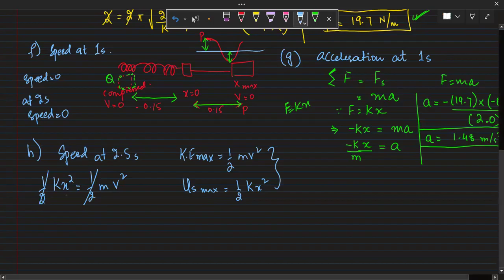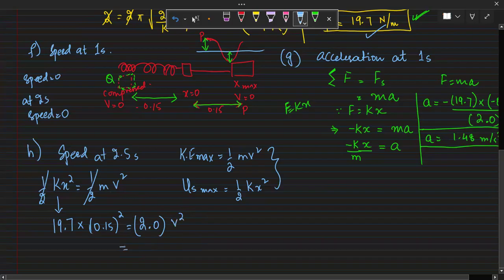So if I plug in the value of k, 19.7, and take the maximum point 0.15, and the mass is 2 kilograms, and the speed is unknown.